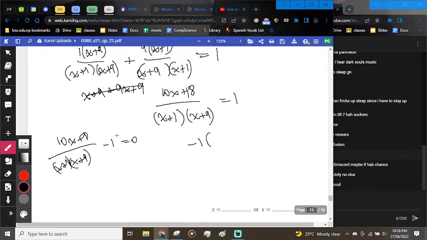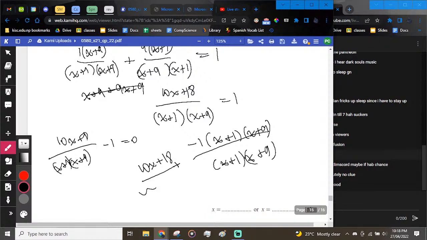Minus 1, x plus 1, x plus 9, over x plus 1 plus 9, and since I've included the minus here, we can add stuff. I'm not going to bother writing that again.